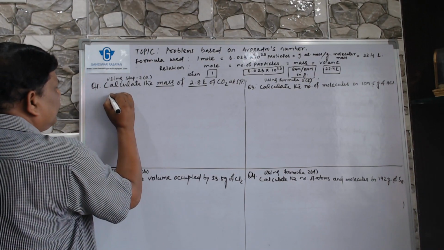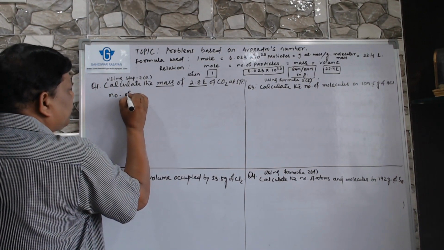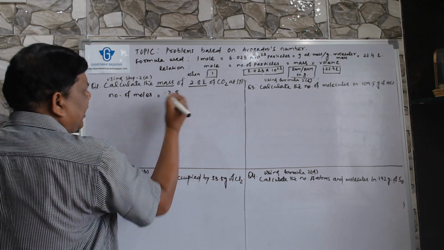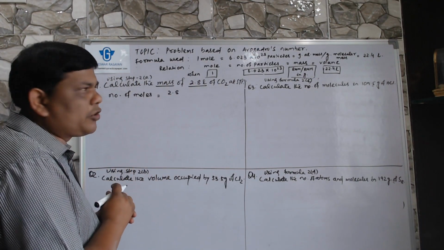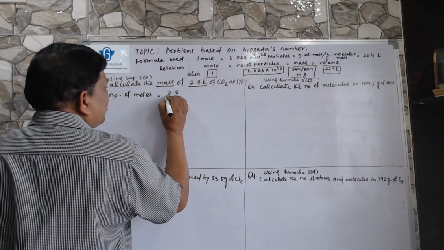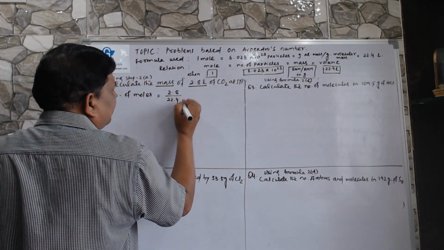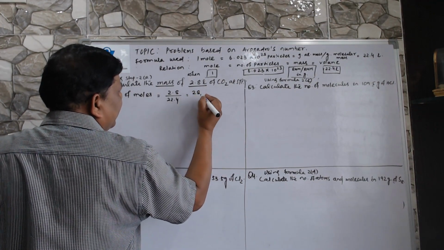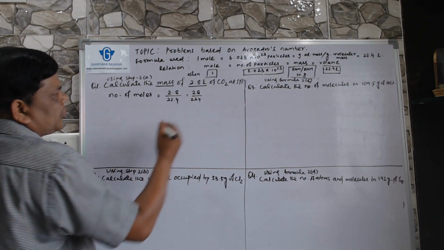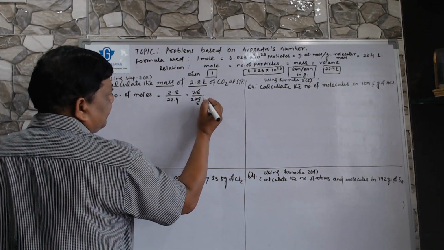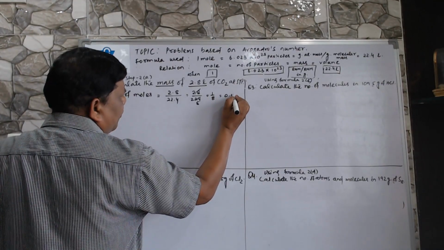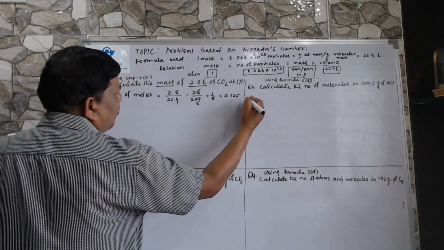So number of moles is equal to 2.8, the given quantity in the question, over the corresponding quantity in the formula, 22.4. So this is 28 by 224, which is 1 by 8, equal to 0.125 moles.